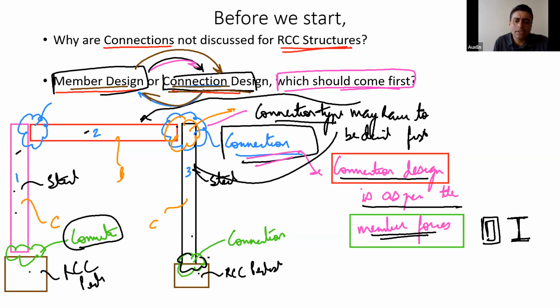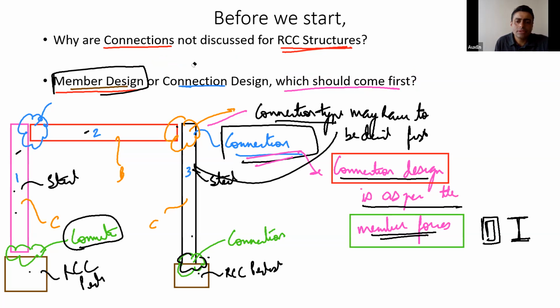That means the connection type has to be decided first, the strategy for connection design has to be formulated first, and then we go for the member design. So it's actually a mixed answer that I would give. Mostly member design will come first, followed by connection design.